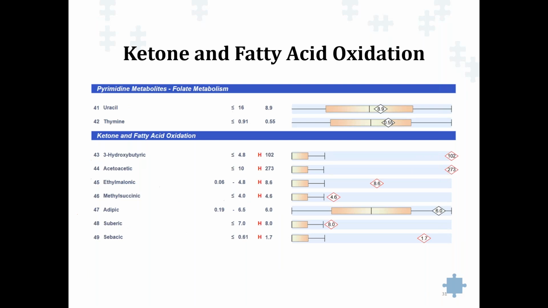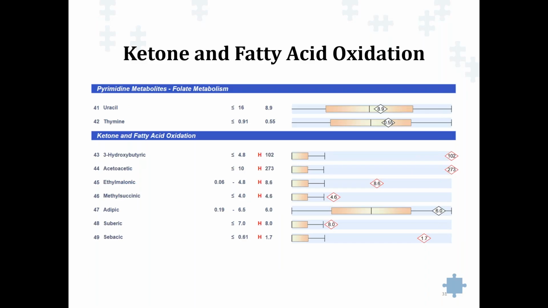What isn't normal is our ketone and fatty acid oxidation section. So notice that 43 and 44 are elevated, significantly more so than the other markers that are high. And when these become elevated, we've got some problem in metabolizing fat at the cellular level.